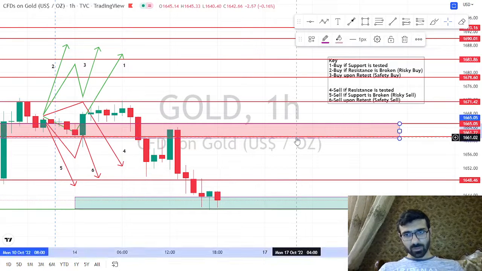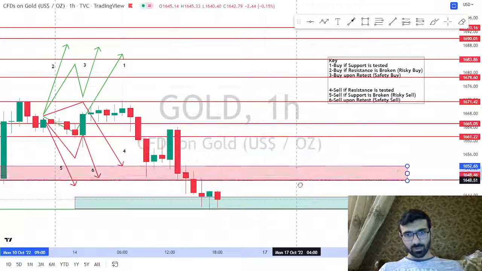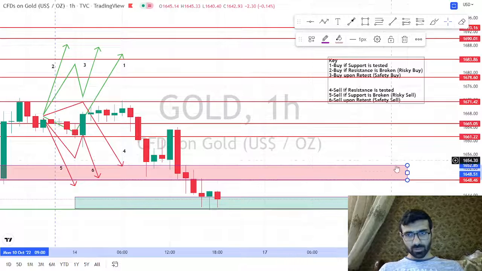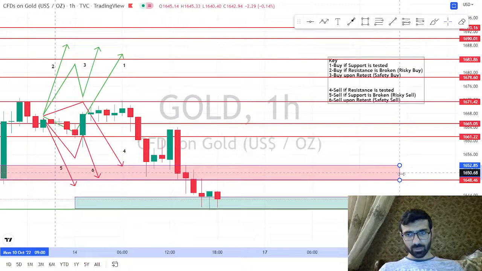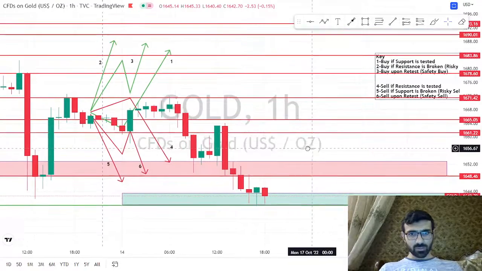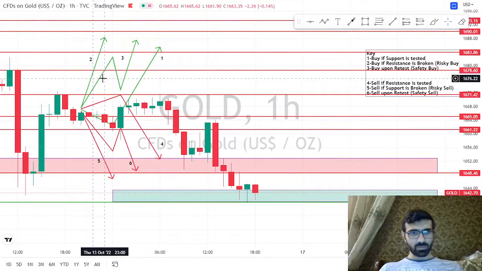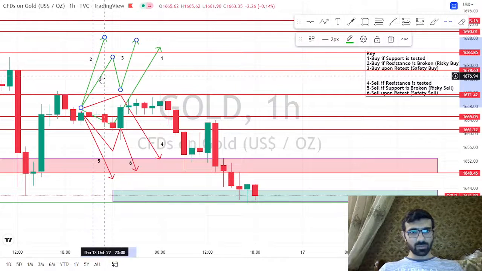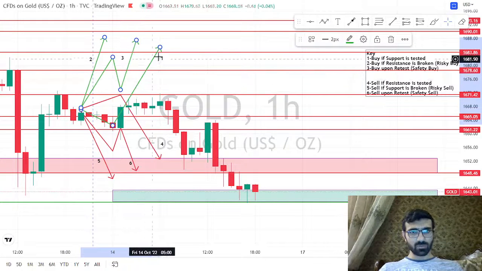I think I will move this over here, and this will be a short term area of resistance. I hope that we do not miss any of the profit that gold has to offer us. First of all, let me move to the buying scenarios.